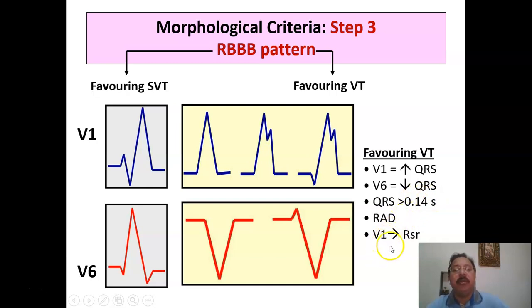Additionally, in V1, usually we get a small r, then a small s, and then a big R. But if it's ventricular tachycardia, the initial R will be a tall R wave, then a small s, and then a small r. Capital R or Rsr.